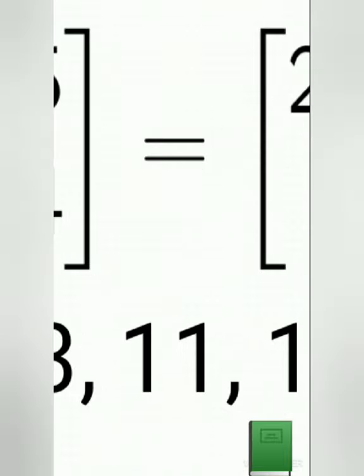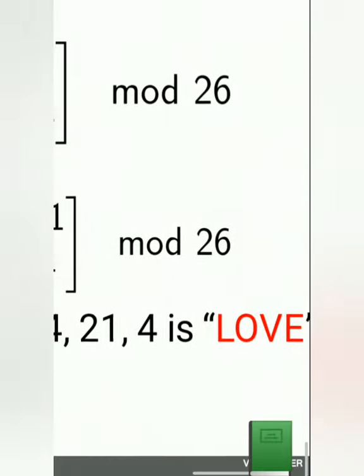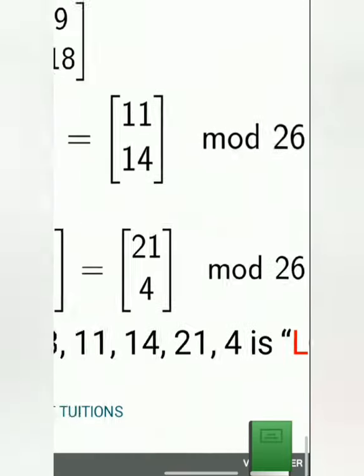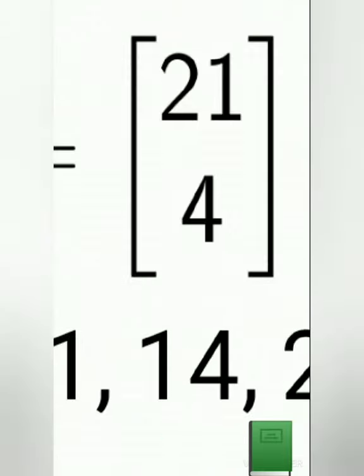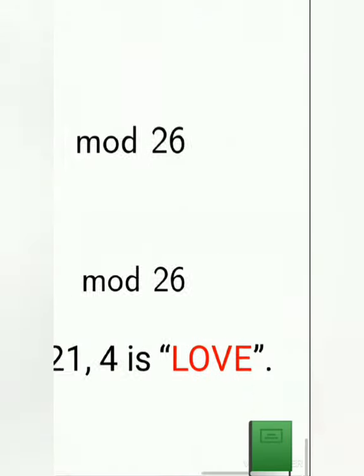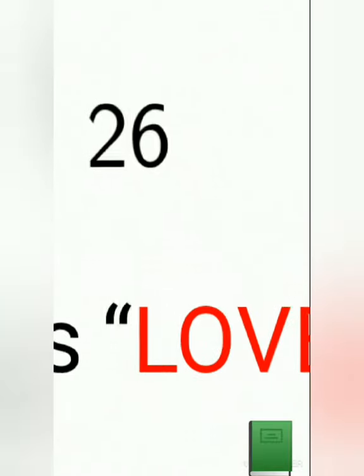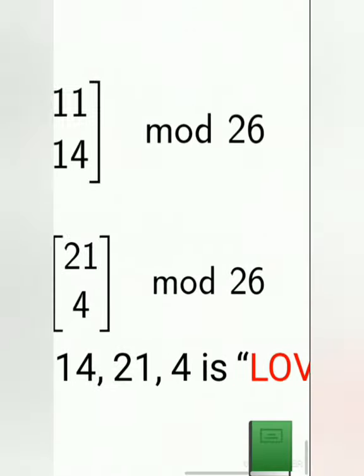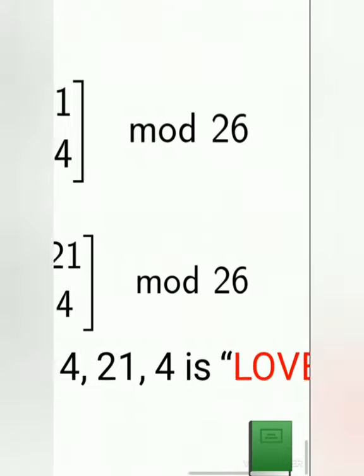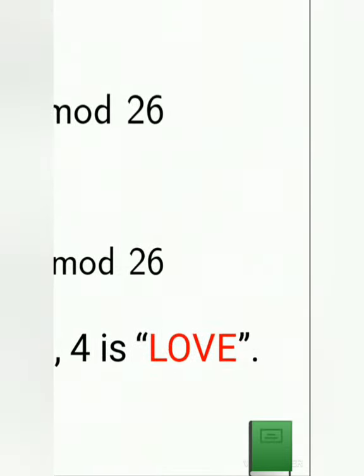The value 11 is assigned to the letter L. Like that, the value 14 is assigned to the letter O. Then the value 21 is assigned to the letter V. And finally, the value 4 is assigned to the letter E. See, we got the plain text. This is the plain text.